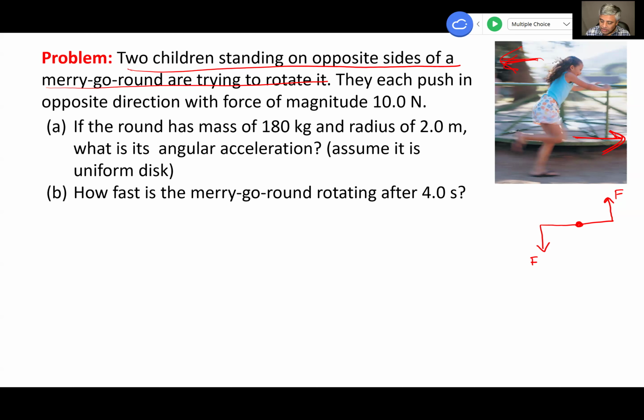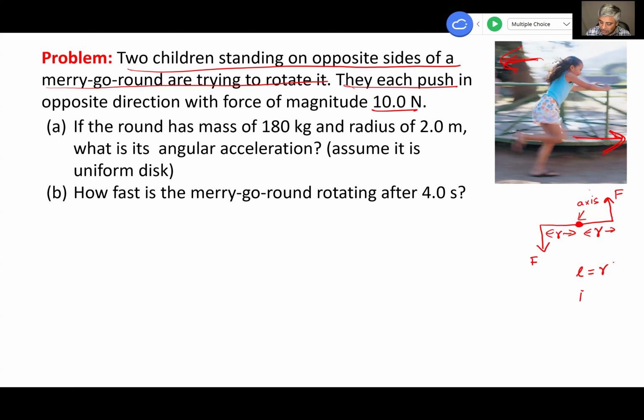And just like I was saying, the pivot is here, it is rotating about that point. So that's why it makes sense to use this as the axis of rotation. So the radius is like that. That means the lever arm, in this case, is going to be R for both of those forces.